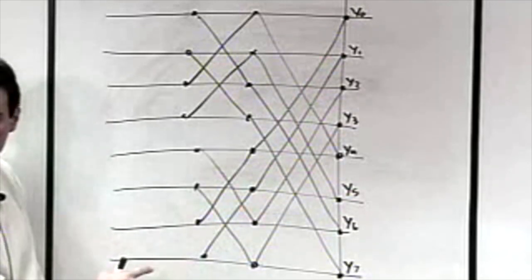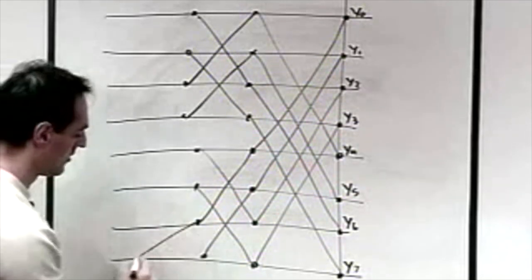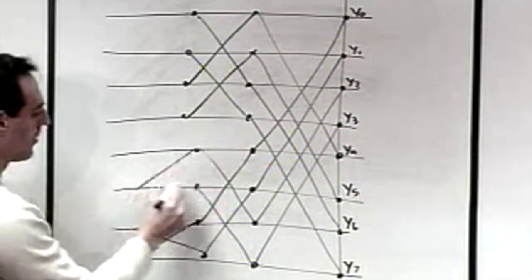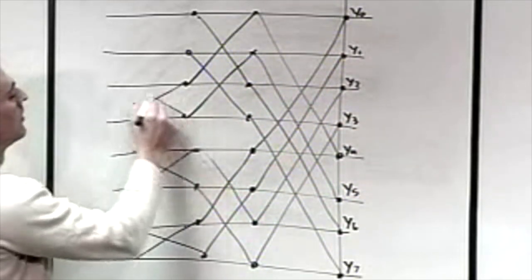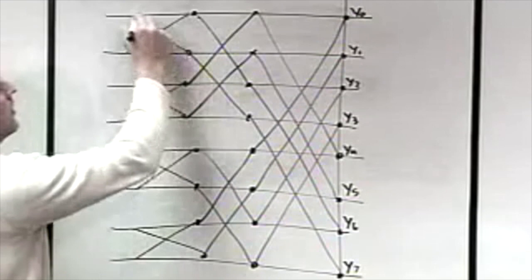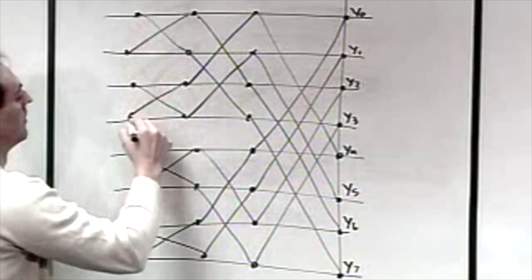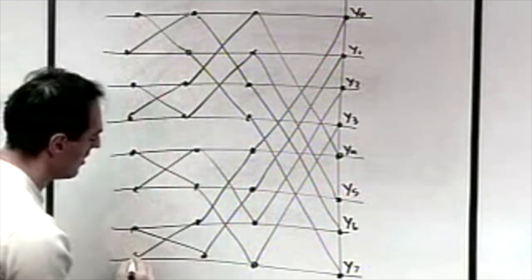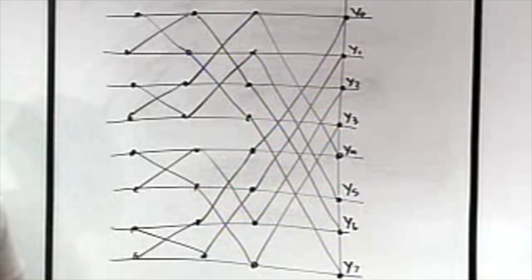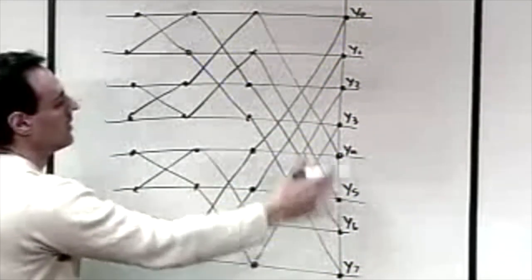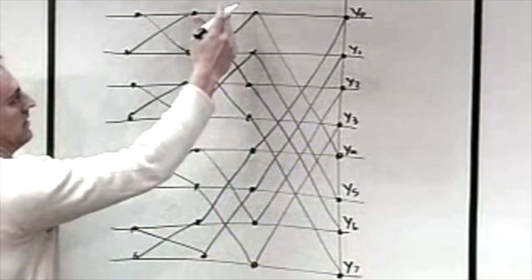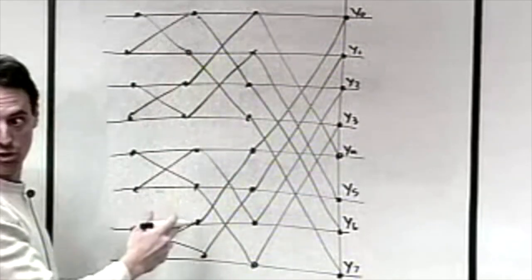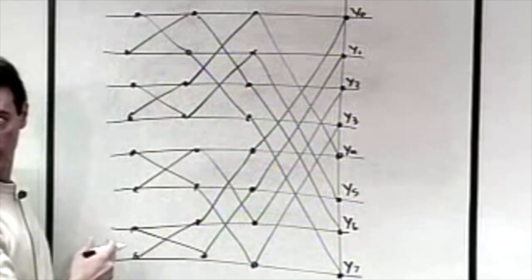This 2 by 2 can be broken up into two 1 by 1s. So this is often called the butterfly scheme in the literature. You take 8 by 8, two 4 by 4s, four 2 by 2s, eight 1 by 1s.